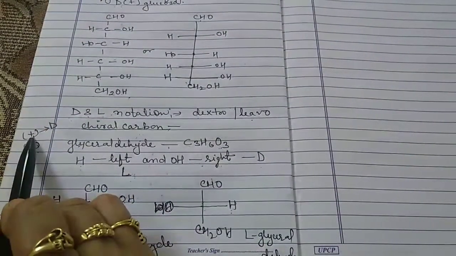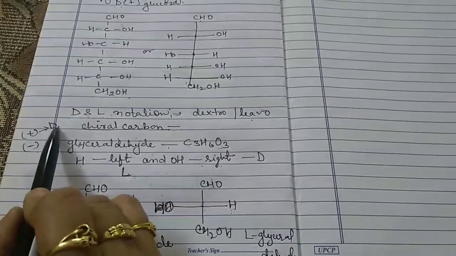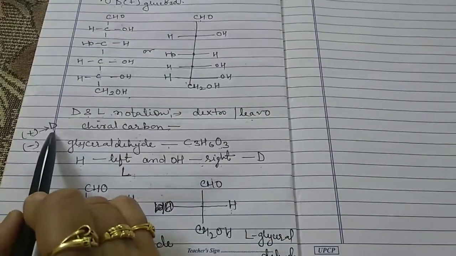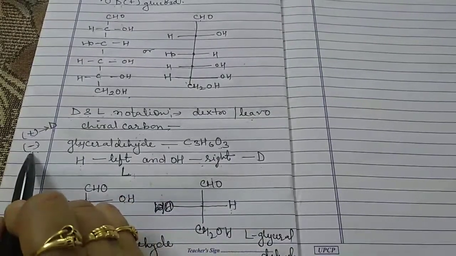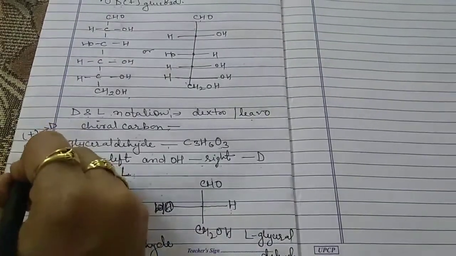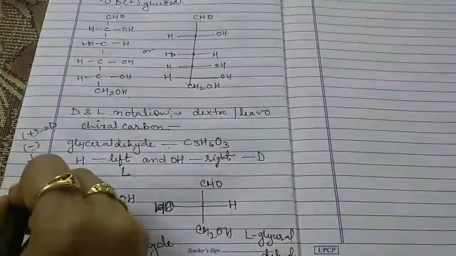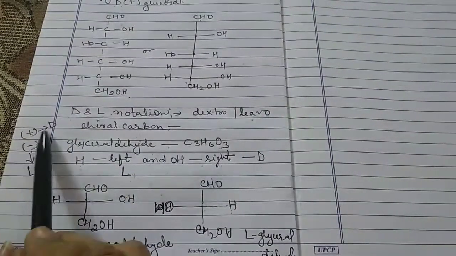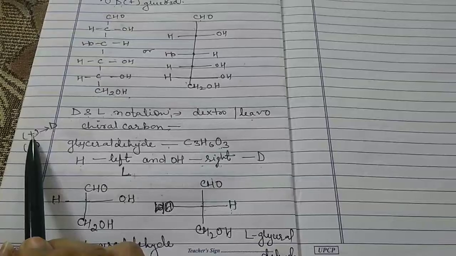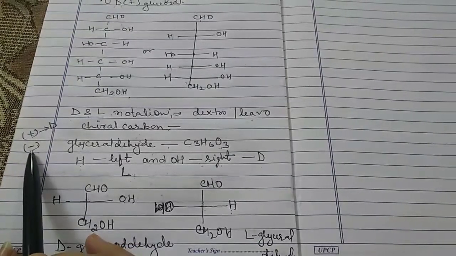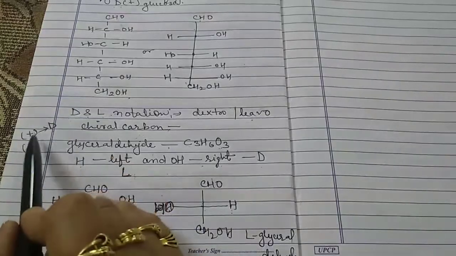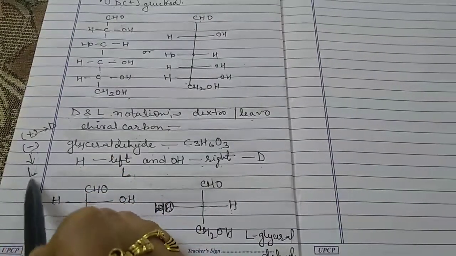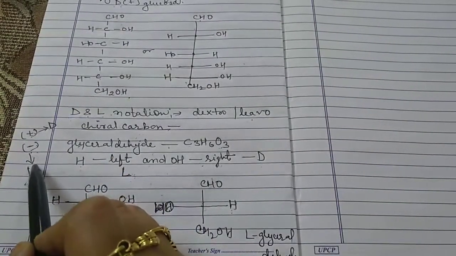If we are talking about the plus isomer, we are talking about the D configuration, and if we are talking about the minus isomer, we are talking about the L configuration. For D we use the plus sign, and for L we use the minus sign.